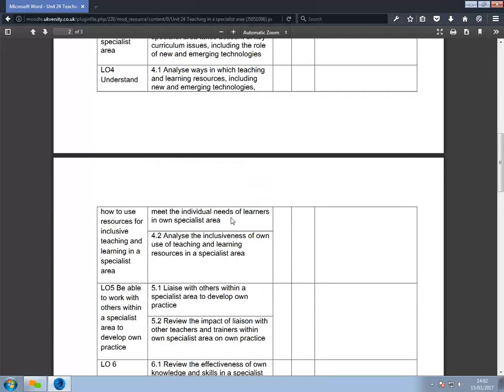This is a very broad subject because at 4.1, teachers teaching such a specialist subject don't need particularly different resources, but others are teaching students with learning difficulties or who are deaf or have sight impairment. They will need special resources. So LO4, you can cover the resources that you're actually going to use.